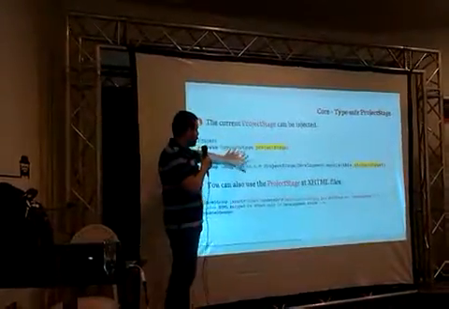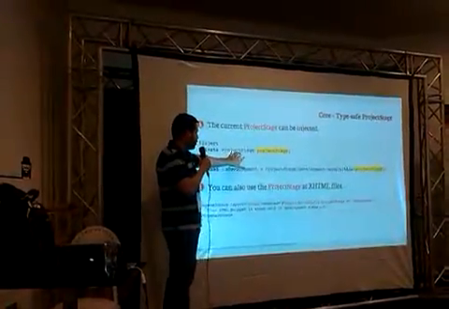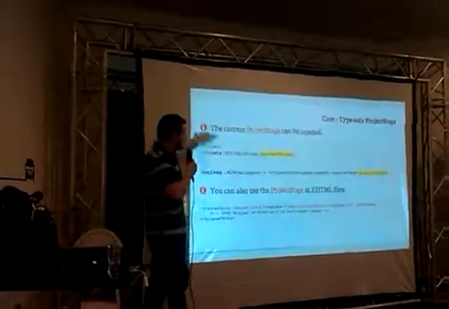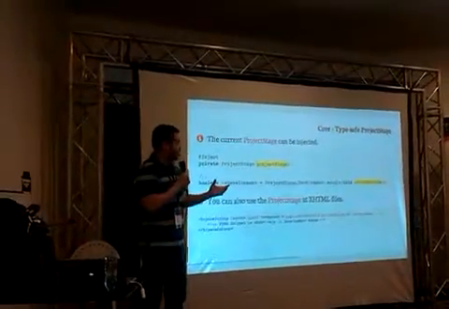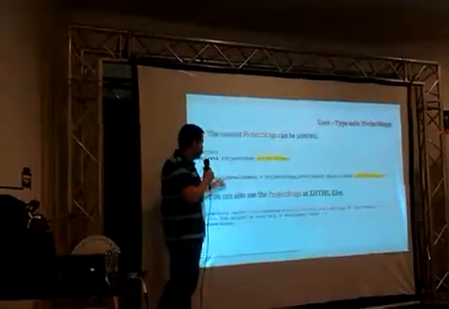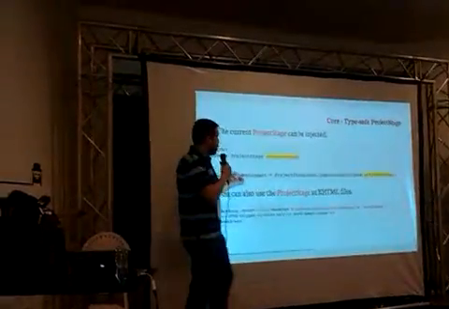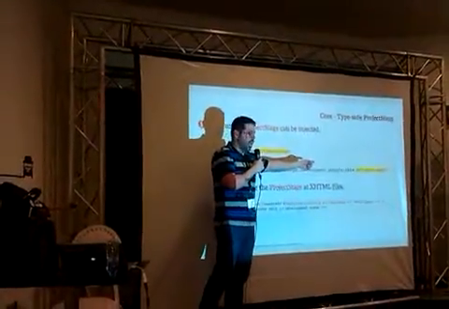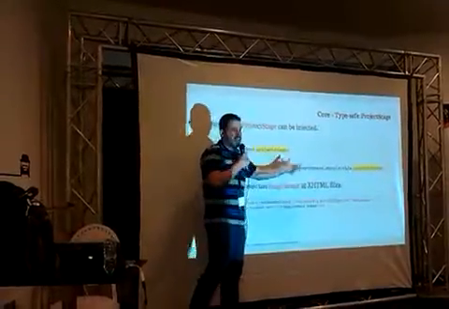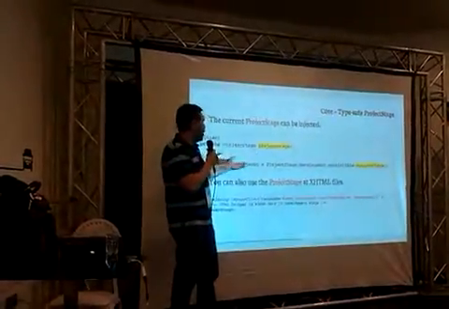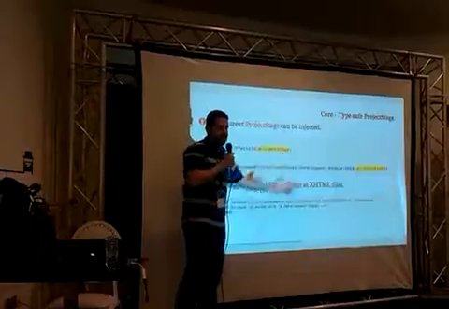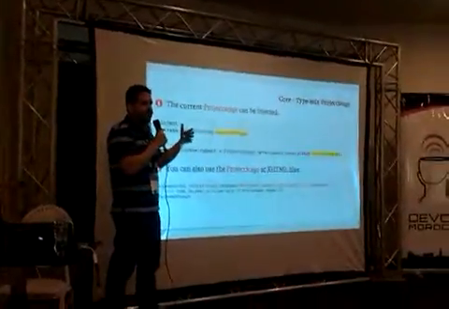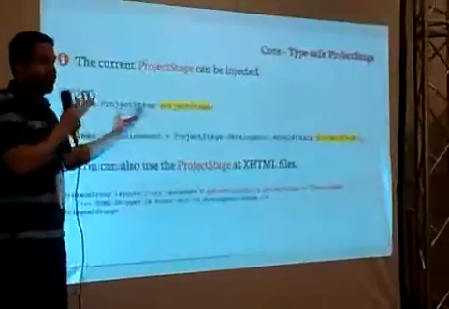DeltaSpike comes with a class called ProjectStage that you can just inject, and then later on in your code you can compare if the injected value equals development, or equals production, or equals unit testing. So you can identify what the project stage is at that moment of your application.